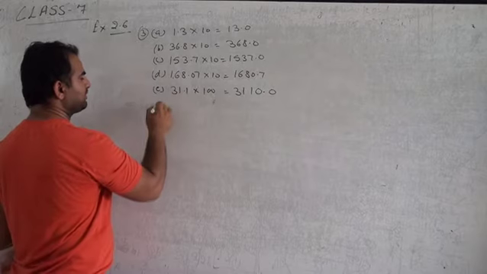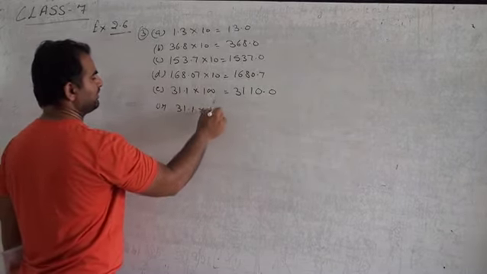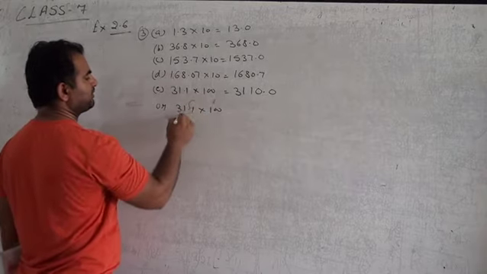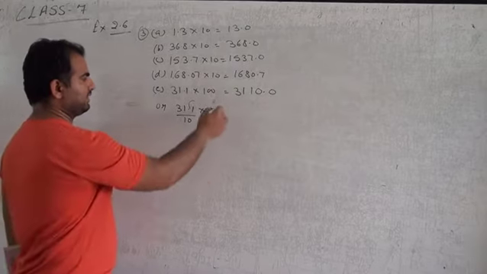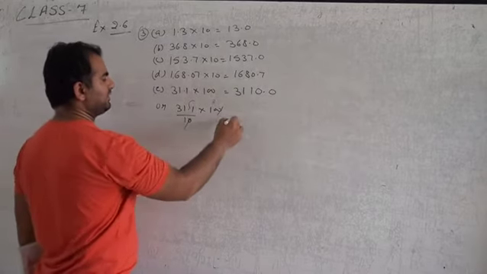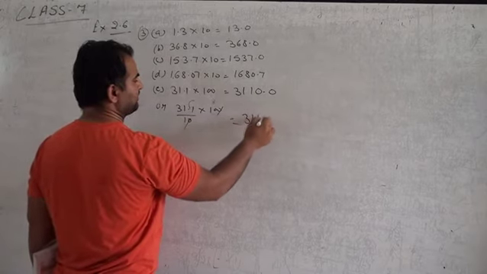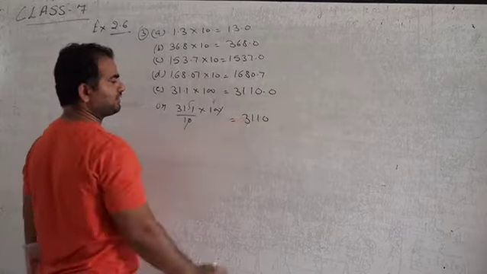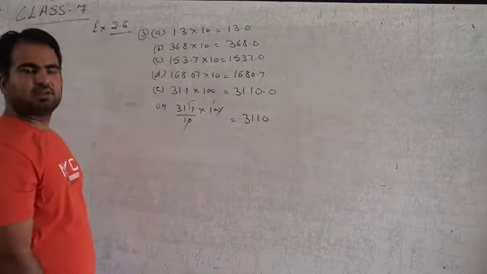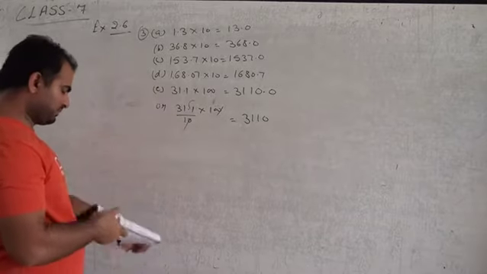Or it can be done like this: 31.1 multiplied by 100. We remove the point, place 0, and after solving it, it will be 311 multiplied by 10. So it will be 3110. This is our answer. You can do it with either method.